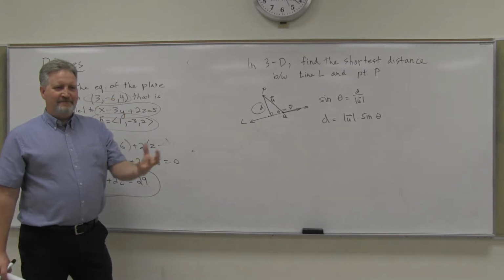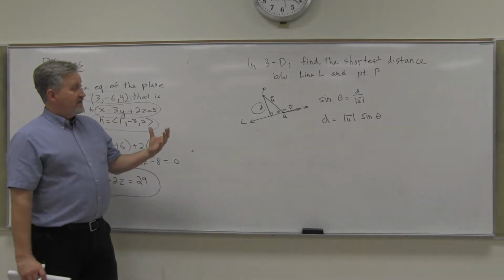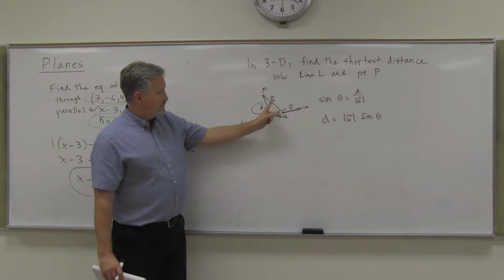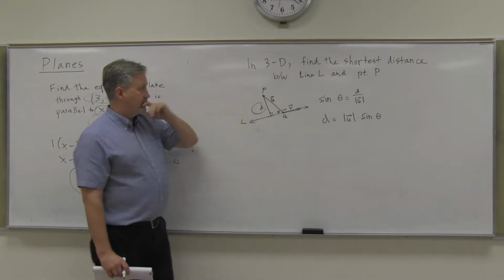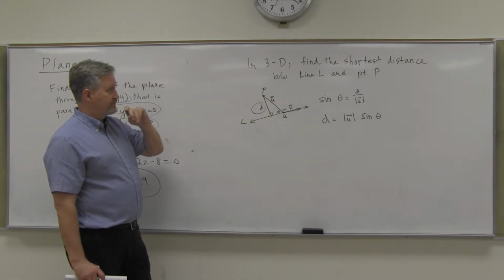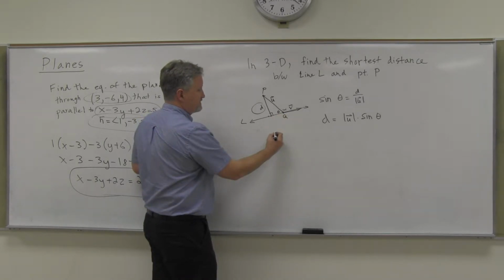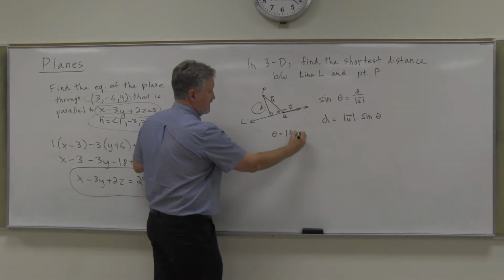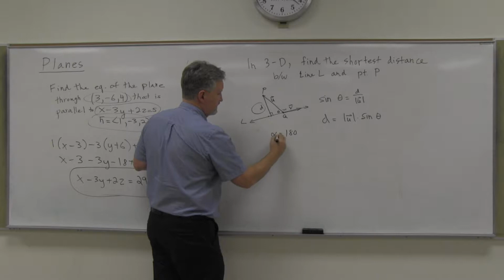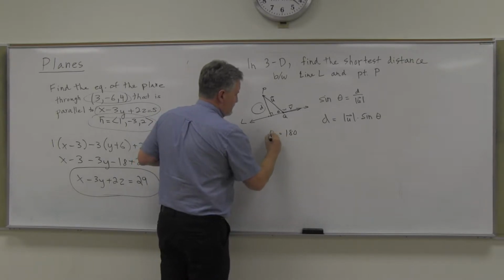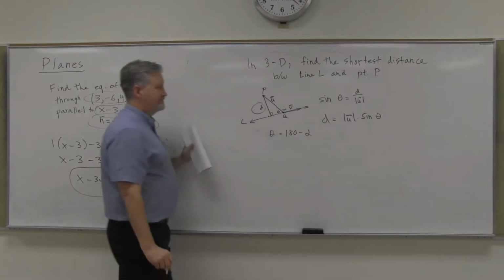All right, but here's the thing. Alpha is the angle between the vectors, and that's going to be a little nicer for us here. Notice that theta is 180 minus alpha, right?